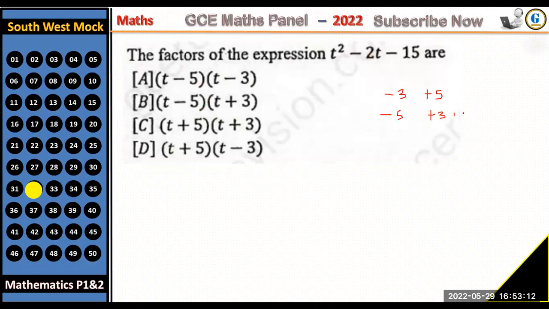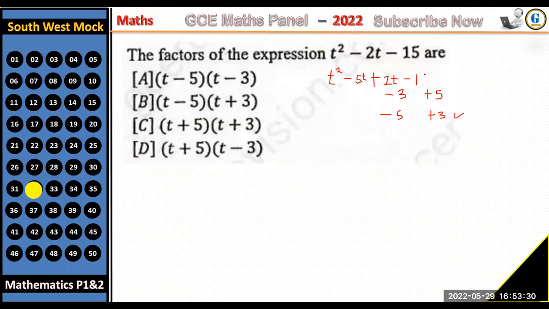So this second pair. We can now rewrite this as t squared minus 5t plus 3t minus 15. And we factorize this, right?